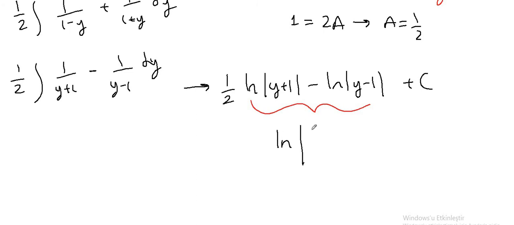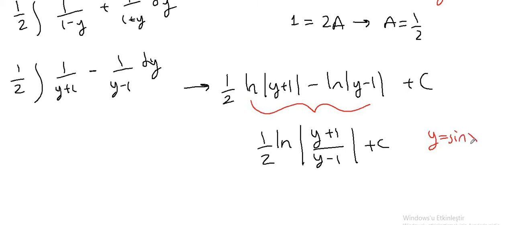So ln of y plus 1 over y minus 1 plus c, and we have 1/2 here. Now we're going to bring y back. We said that y is sine of x. So what we have is 1/2 ln of sine x plus 1 over sine x minus 1.